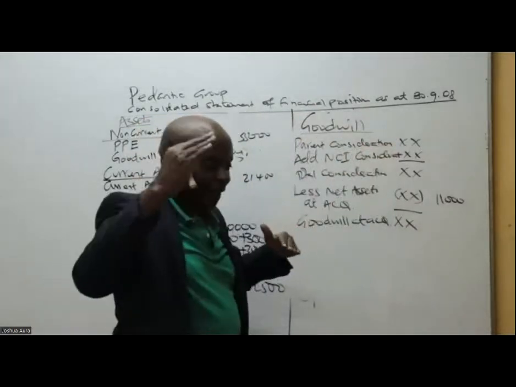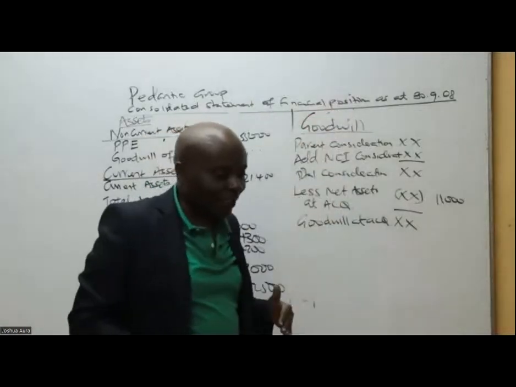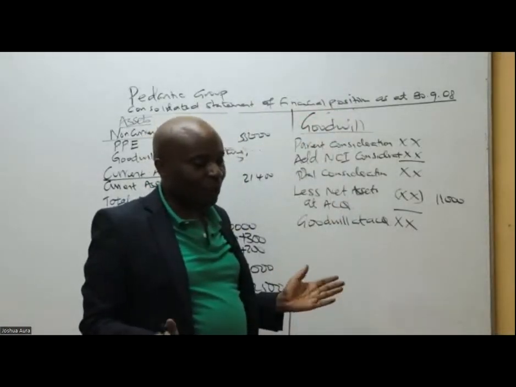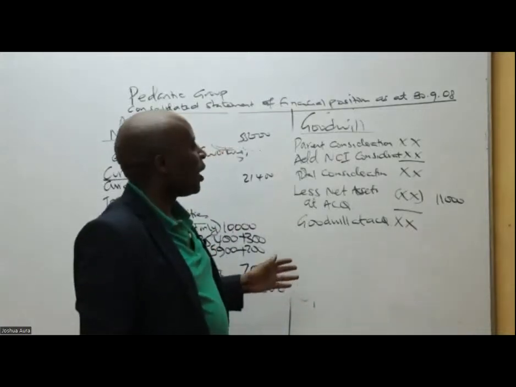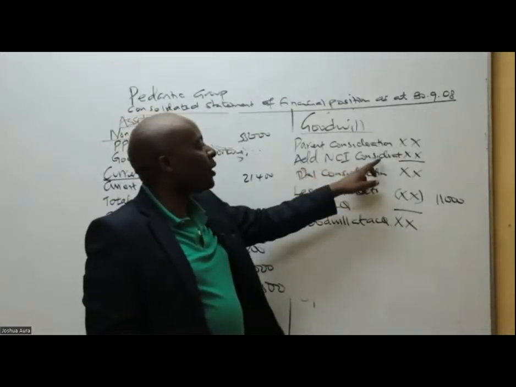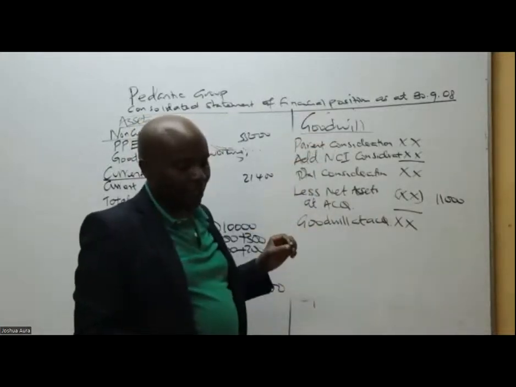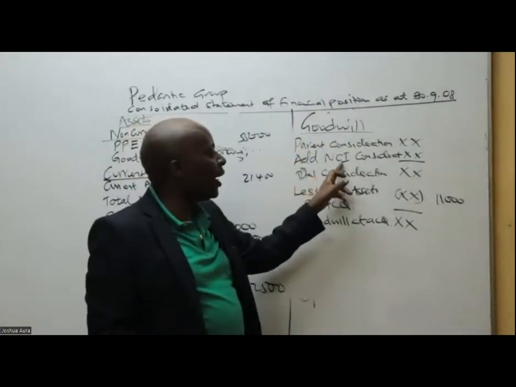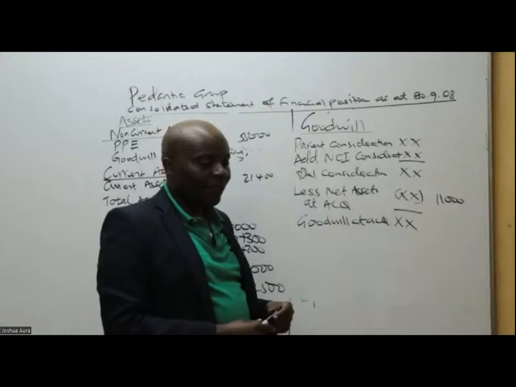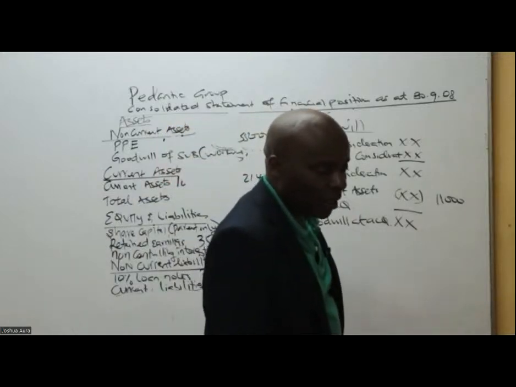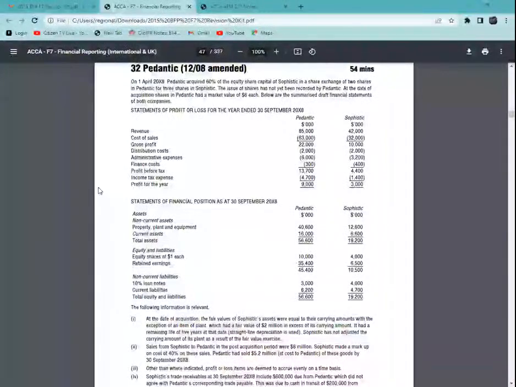Are you able to remember the 11,000 at acquisition? Yes. How about NCI consideration? NCI consideration is NCI at acquisition. Is there somebody who can give me the NCI at acquisition from this particular note?